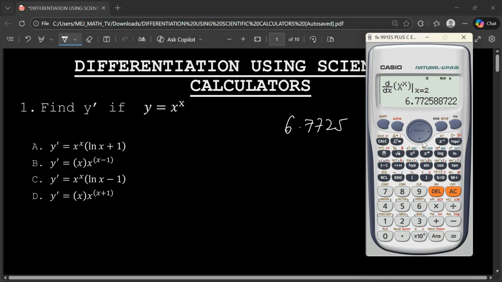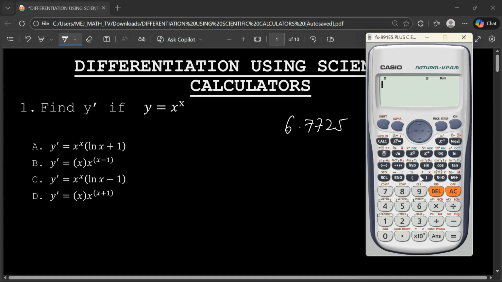Remember to be fast. And so the first thing to do is to store the value 2 as the variable x. So that is it. Now we are going to test the options.